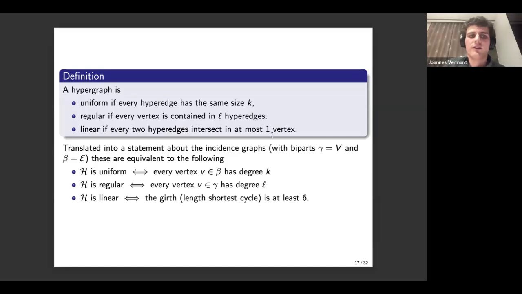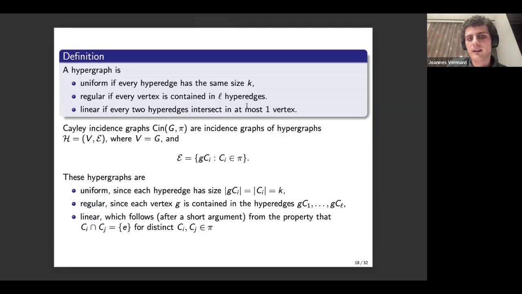And in fact, it turns out that Cayley incidence graphs precisely have these properties. Because each hyperedge is given by G times Ci for some G and some Ci, we see that the hypergraphs are uniform. We also see that they are regular, because each vertex G is precisely contained in the hyperedges G times C1 up to G times CL, and they are also linear.